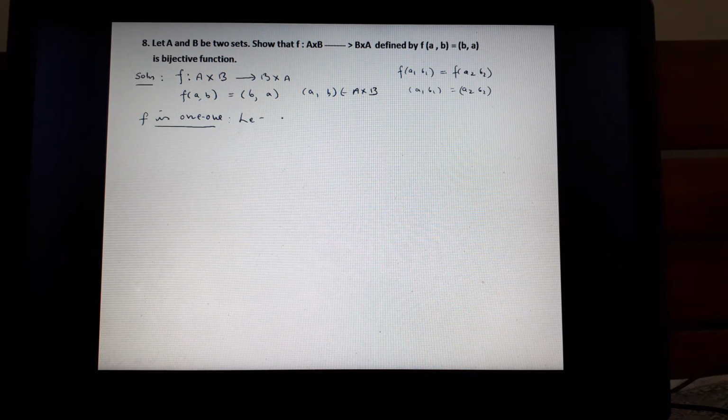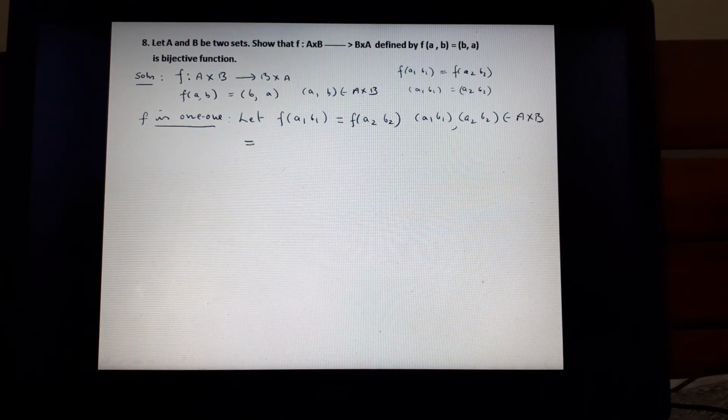Let f of (a1, b1), I will take one element, equal to f of (a2, b2), another element, where (a1, b1) and (a2, b2) belong to A cross B.